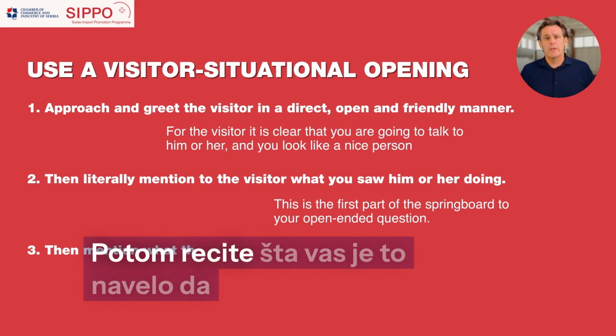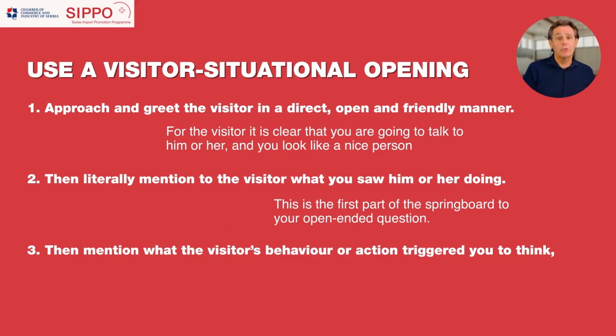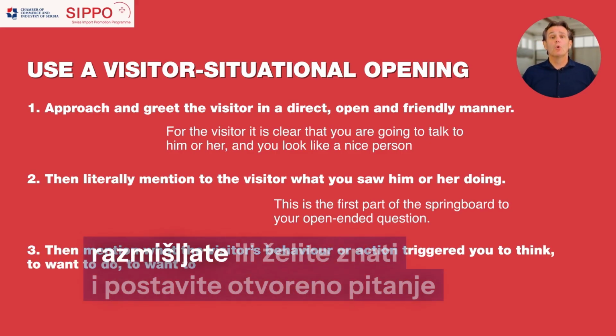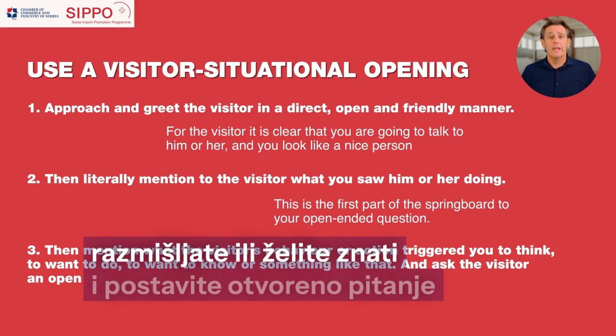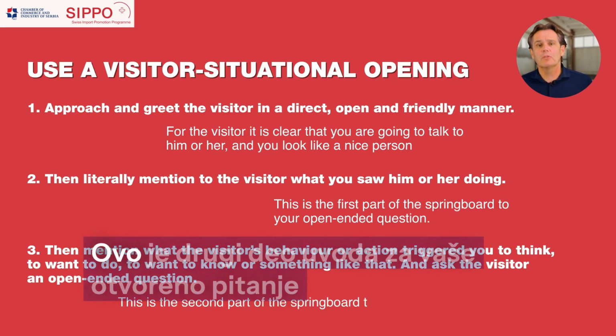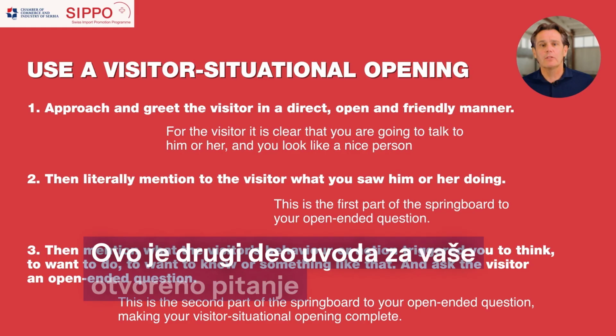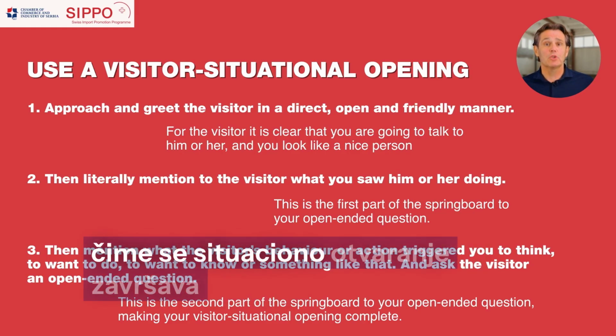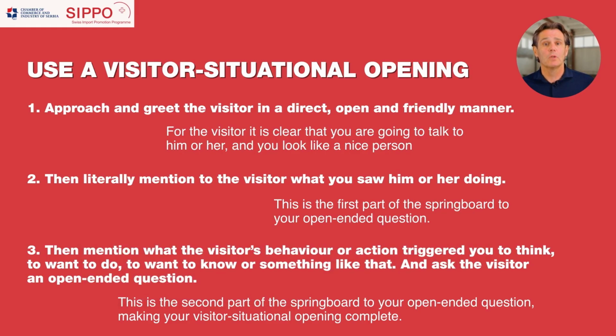Then, as a next thing, mention what the visitor's behavior or action triggered you to think, to want to do, or to want to know, or something like that, and ask the visitor an open-ended question. This is the second part of the springboard to your open-ended question, making your visitor situational opening complete.